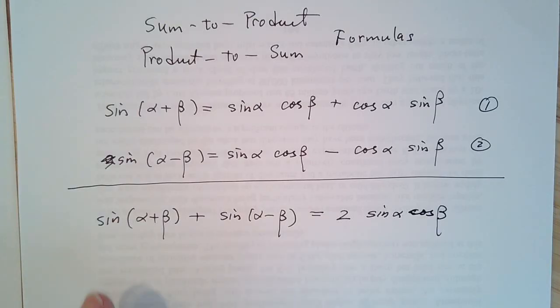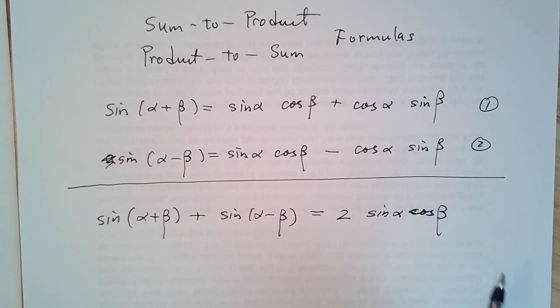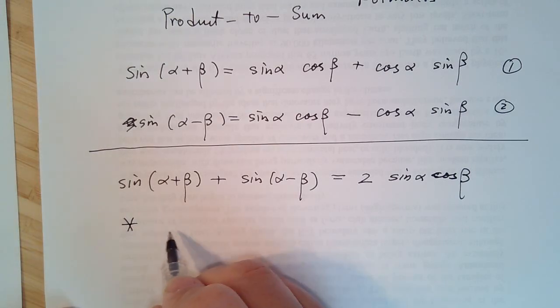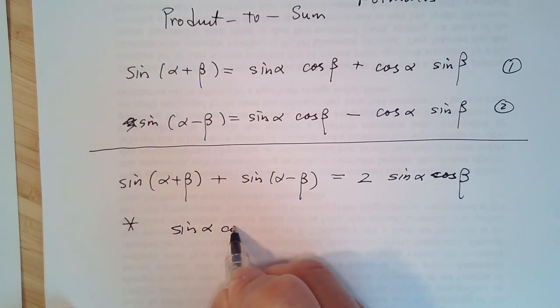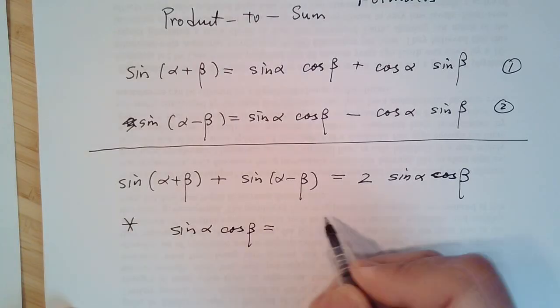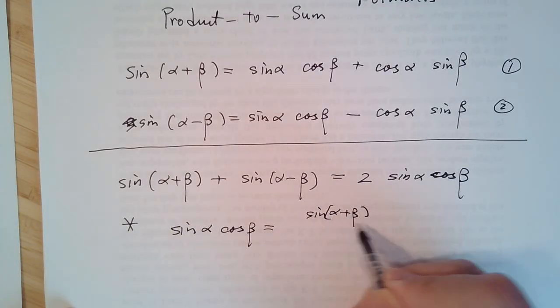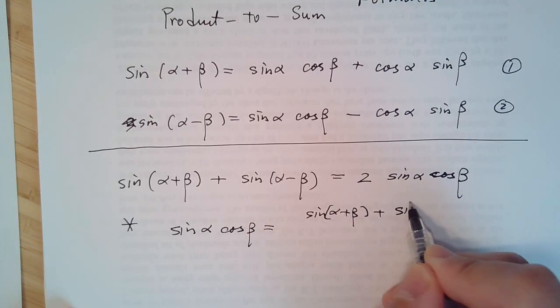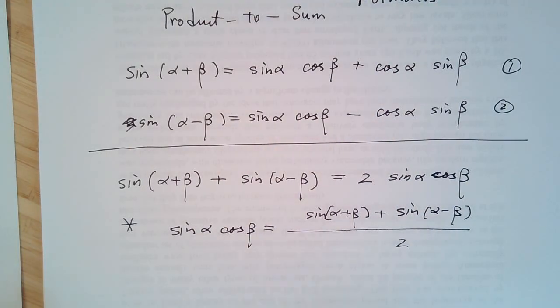Well, this is interesting. This is a sine plus a sine. Here is a sine times a cosine. So we get the first formula, which is sine alpha cosine beta equals sine alpha plus beta plus sine alpha minus beta over 2. So that is the product to sum.